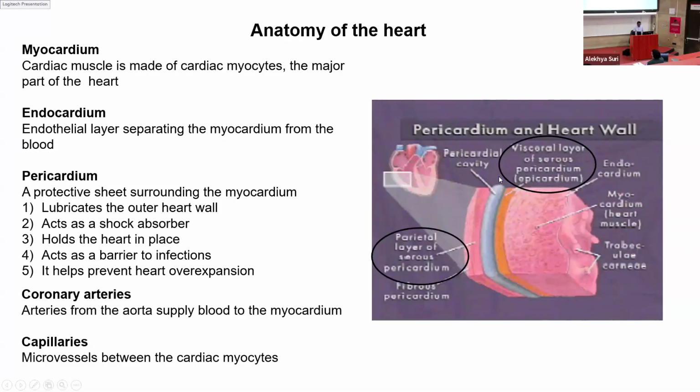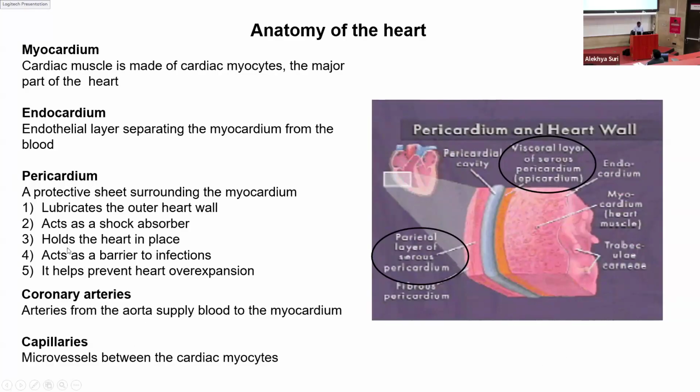Since it has a double layer and a fluid, it also acts as a barrier for infections. If anything wants to go through, it has to go through the pericardial cavity. It also helps prevent heart overexpansion. During contraction and relaxation, the heart can expand, and this expansion can be regulated by the pericardium. So the pericardium has all these functions.